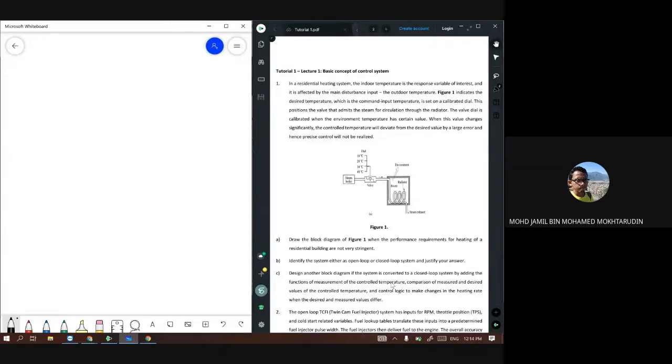From the description, it says that the desired temperature is the command input.